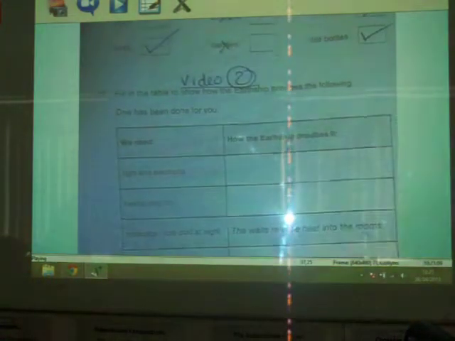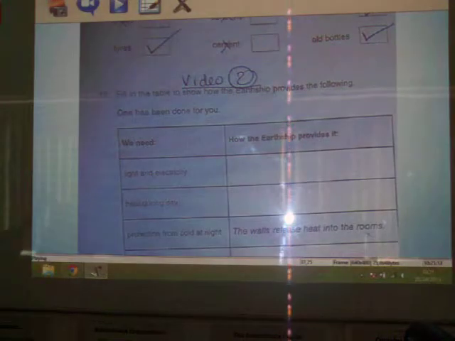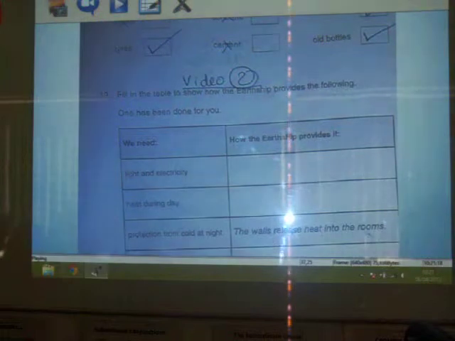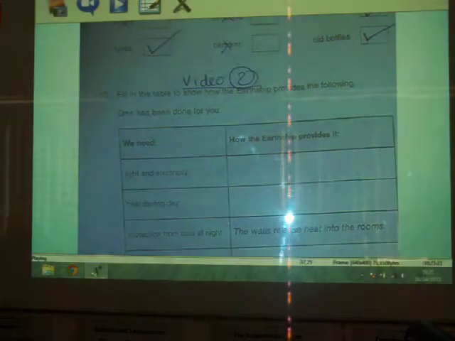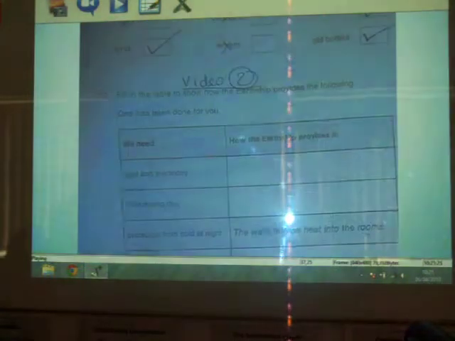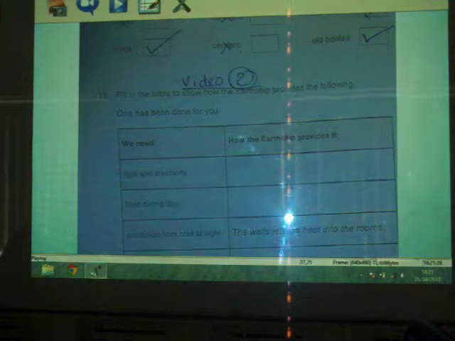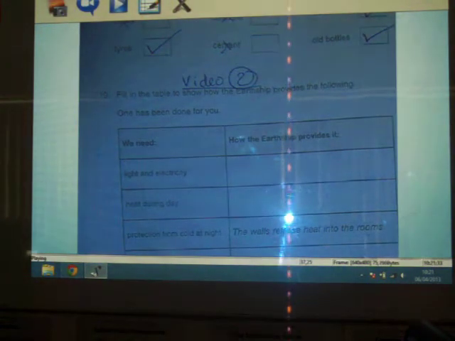Right, for light and electricity, how do they make light and electricity? Somebody explain to me what technique they are using. Don't forget, you can turn over the page as well. So they're making light and electricity from what? They're using the wind energy in wind turbines, and they're using the sun. What are they using to harness the sun?